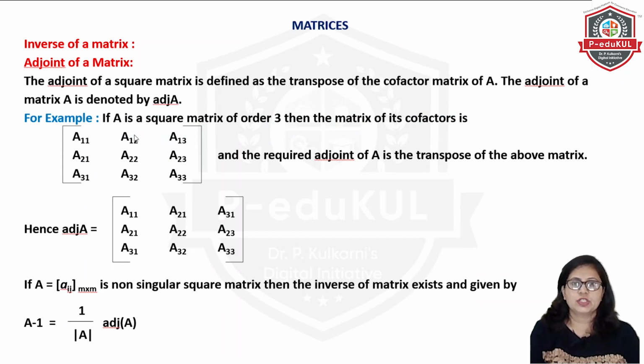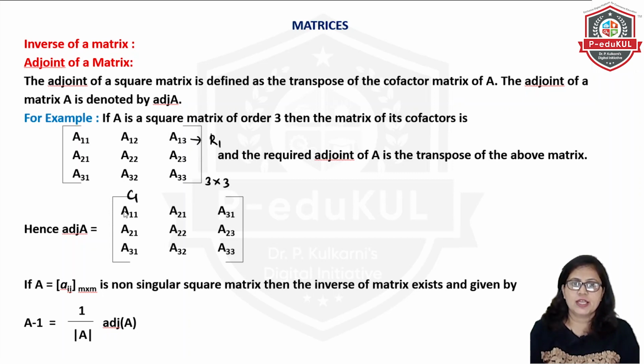So एक बार फिर से डेफिनेशन देखते हैं. फॉर एग्जाम्पल यहाँ पे देखो, A is a square matrix of order 3. 3 means 3 by 3. 3 rows, 3 columns. Then the matrix of its cofactors is, suppose this is the cofactor matrix A11, A12, A13, A21, A22, A23, A31, A32, A33, and the required adjoint is the transpose of this. So this row will become column now.